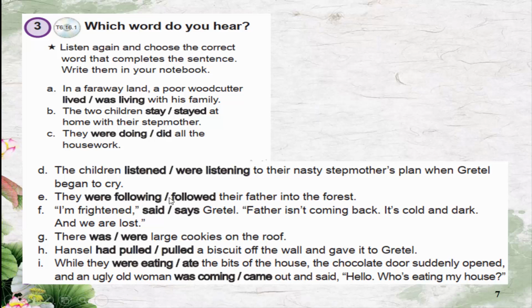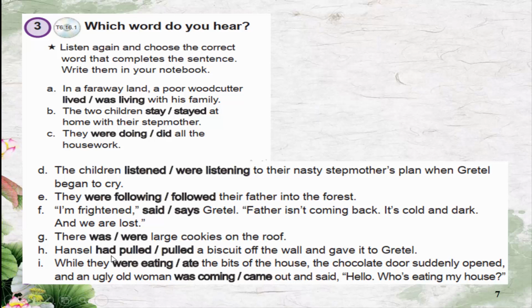E, they were following or followed their father into the forest. F, "I'm frightened," said or says Gretel. "Father isn't coming back. It's cold and dark, and we are lost." G, there were large cookies on the roof.